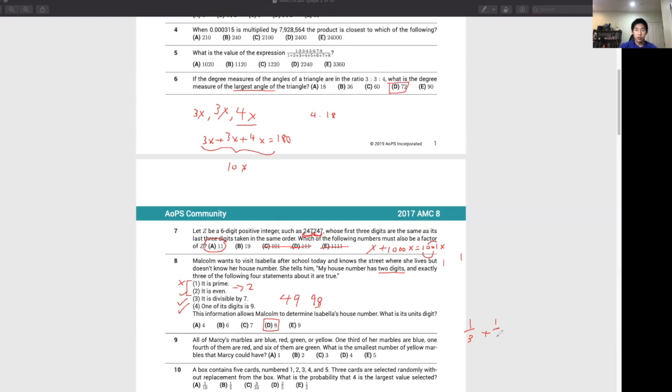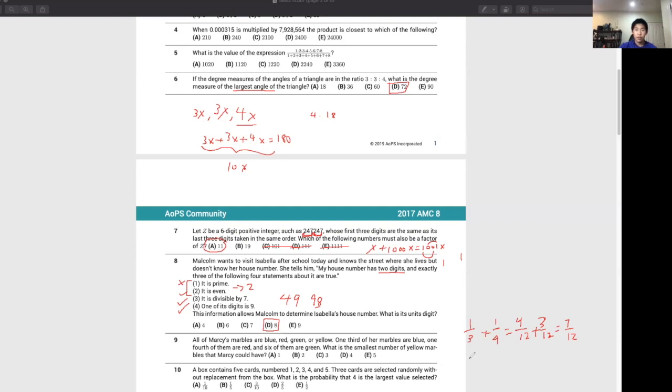1/3 plus 1/4. We're going to want a common denominator of 12 here, which means that it's 4/12 plus 3/12, and that's equal to 7/12. That leaves 5/12 for the green and yellow marbles.